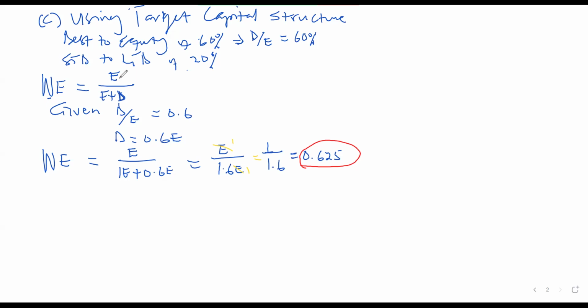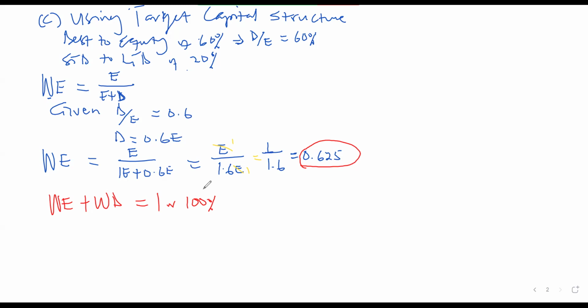So the weight of equity plus weight of debt is equal to 1. Your total capital is equal to the percentage of equity plus percentage of debt.